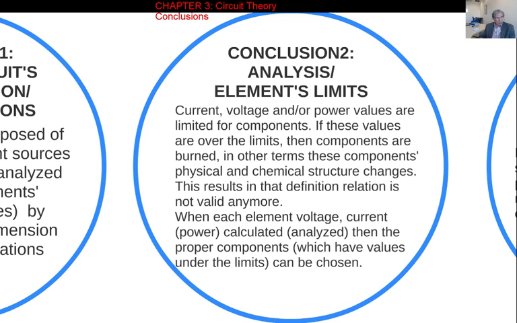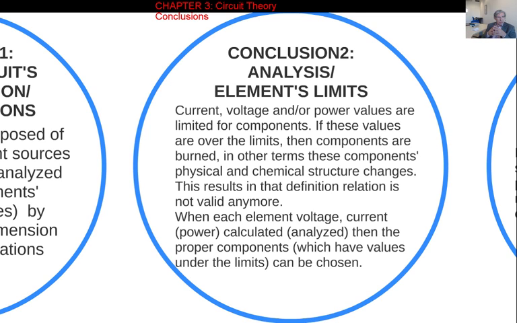Means if the power absorbed by this resistor is more than this 0.25 watts, then this resistor is not a resistor anymore. That means chemically and physically it has changed. In other words, in practice, this resistor burned.